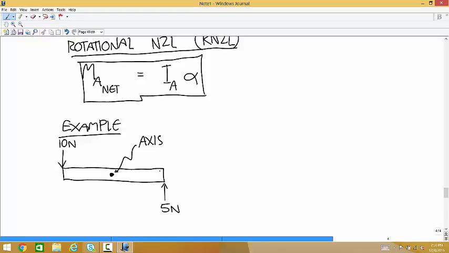And let's say that this is connected to the wall by this axis, which means gravity is acting down on this object. Let's say this distance is 1/2 meter. This distance is 1/2 meter.